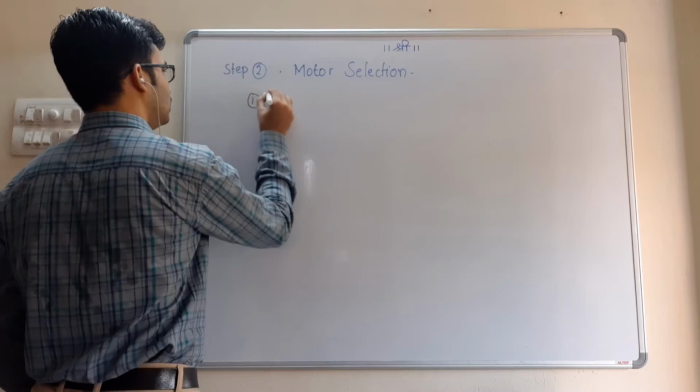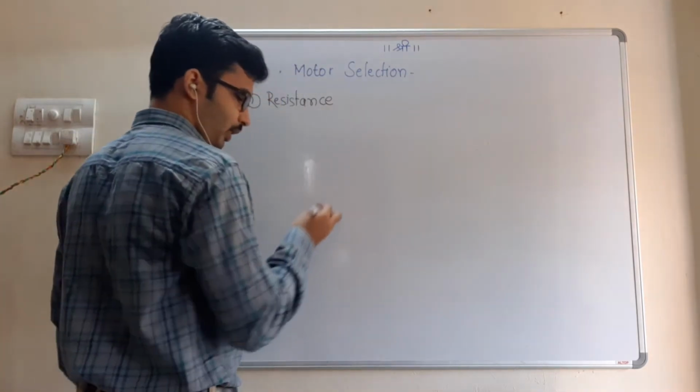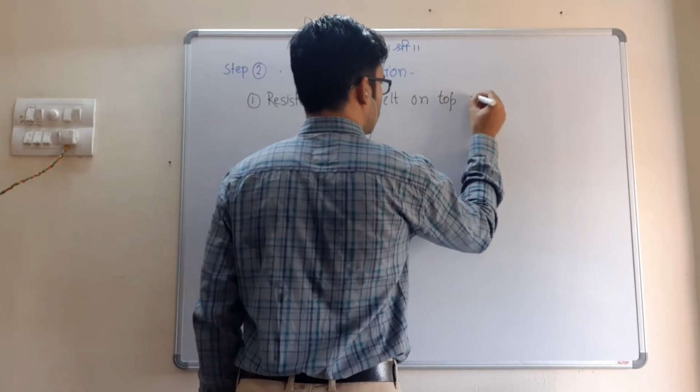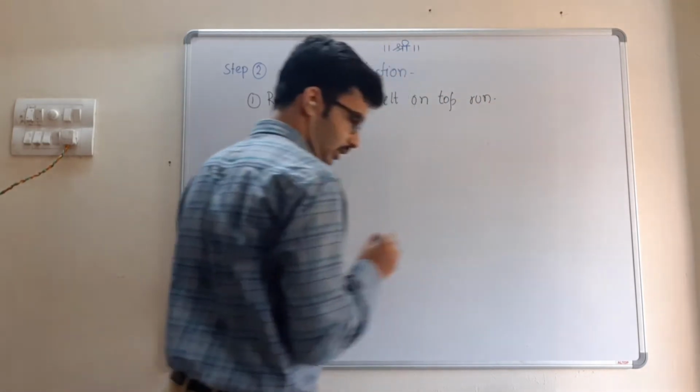So first, the resistance on the belt on the top run, that is on the upper side.